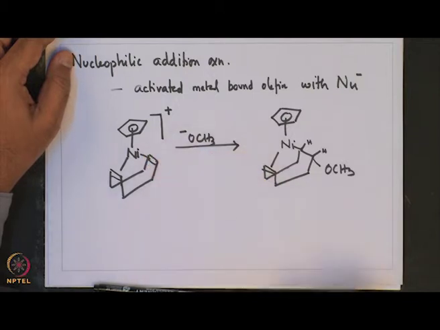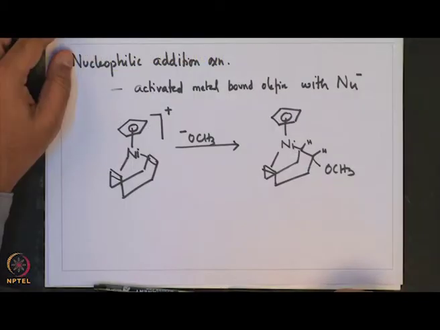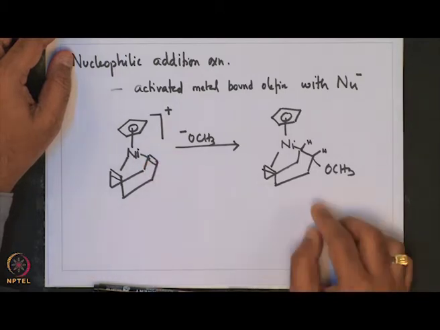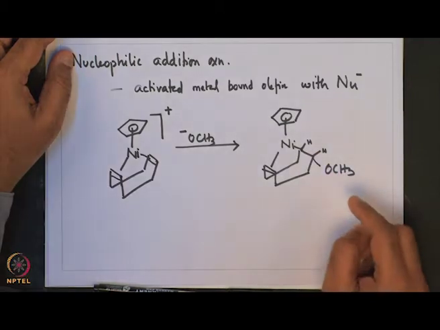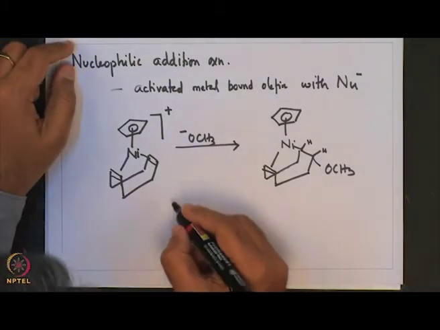As a result, the olefin becomes activated and susceptible to a nucleophilic attack. So, a methoxide nucleophile can attack an activated olefin, giving rise to a complex like this, and this talks about the Umpolung nature of olefin.